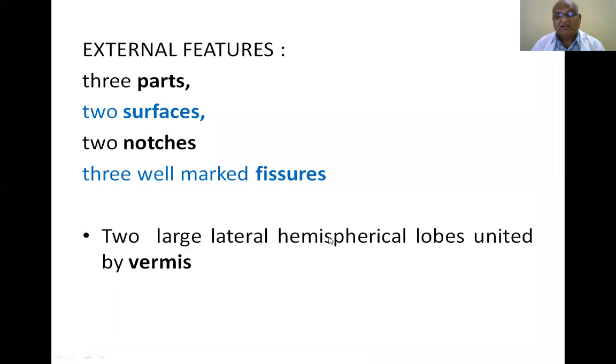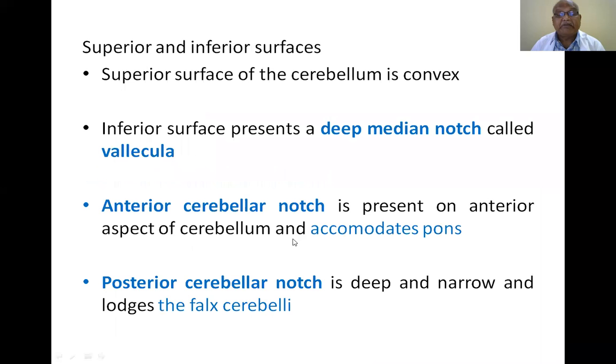Two large lateral hemispherical lobes are united by the vermis. The superior surface of the cerebellum is convex. The inferior surface presents a deep median notch called the vallecula. The anterior cerebellar notch, already shown in the diagram, is present on the anterior aspect of the cerebellum and accommodates parts. The posterior cerebellar notch is deep and narrow and is occupied by the falx cerebelli.